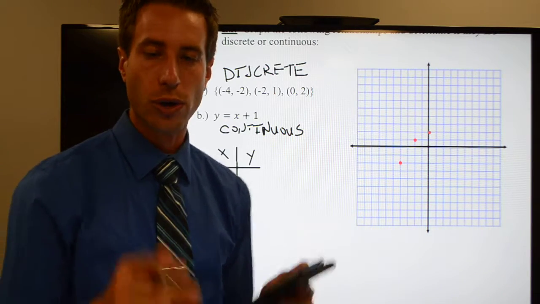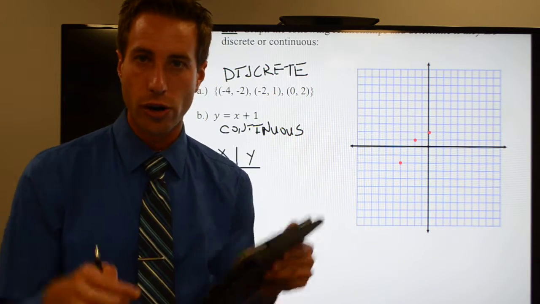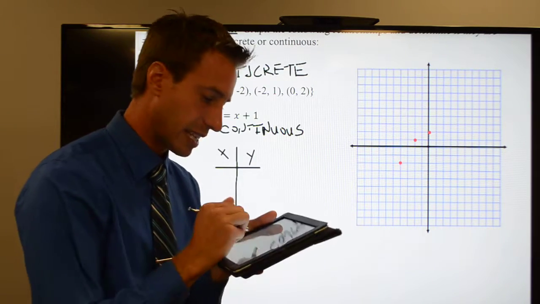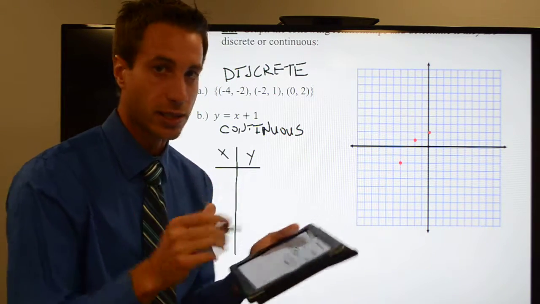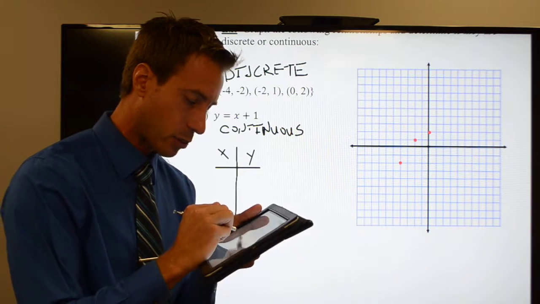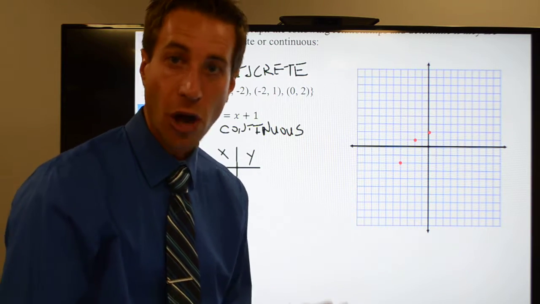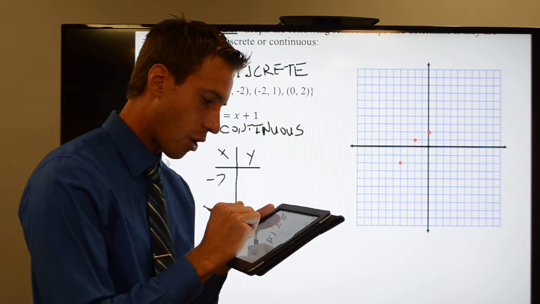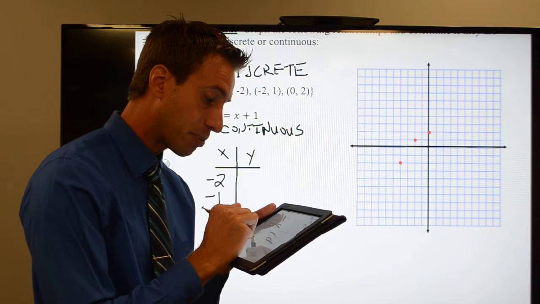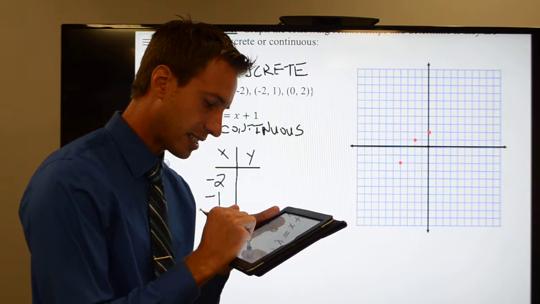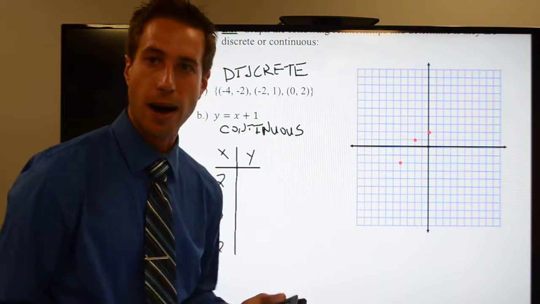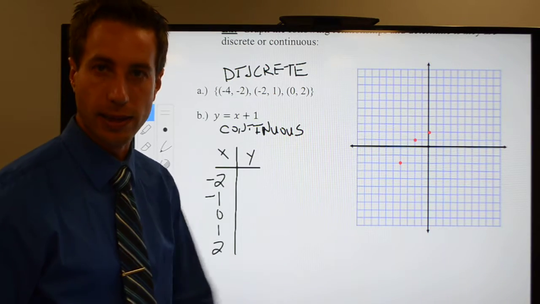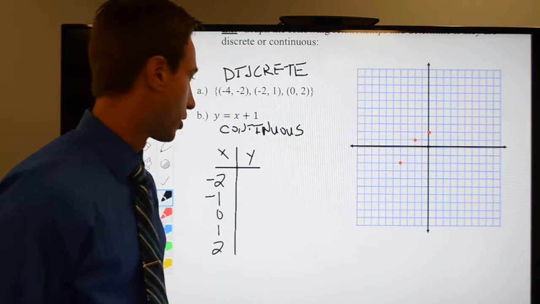And the trusty old ones, right? Work smarter, not harder. Start with -2 and go all the way to +2. Those are the easiest ones, right? 2s, 1s, and 0s are easy to do math with. We're not picking them because they're special. We're picking them because they're easy. They may not always work, but it's a great place to start because it's easy math to do. You're not really wasting too much time. Those are easy numbers to work with. So that's a great place to start.